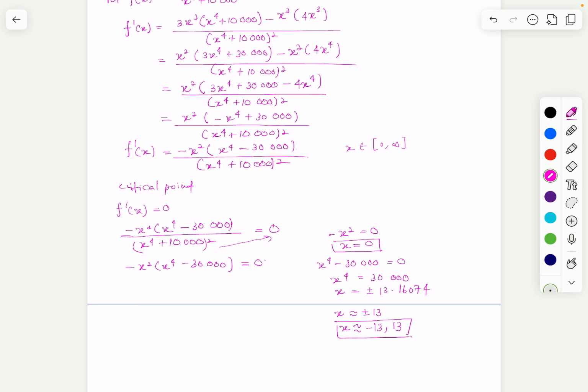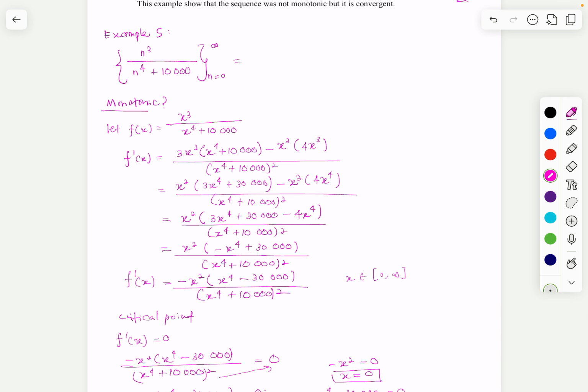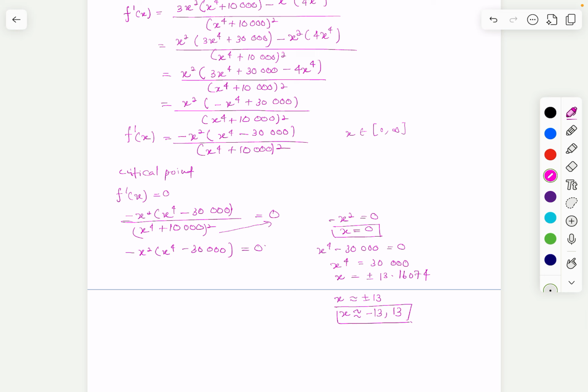But you need to check back. In our sequence, it starts from 0 to infinity. Our critical points are 0, negative 13 and 13, and this x is actually the n if we come back to the sequence. So this negative 13 is not applicable in terms of n, because n should be a natural number, a positive integer.